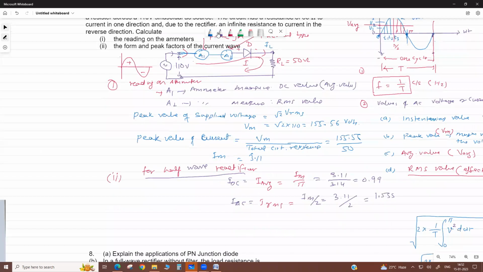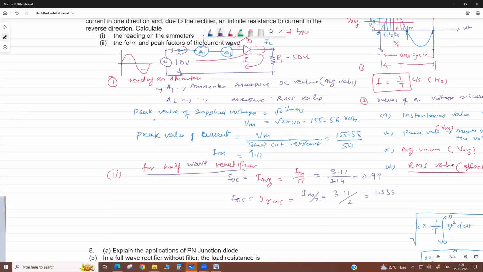It is a PMMC type instrument, so it measures only the DC average value. And A2 is thermal type, it measures the RMS value. So A1 reads 0.99 ampere and A2 reads 1.555.